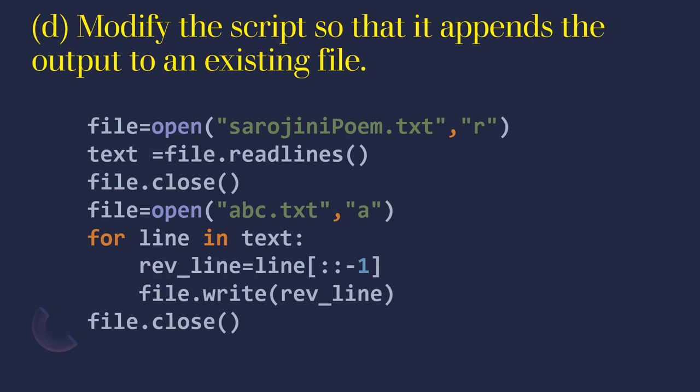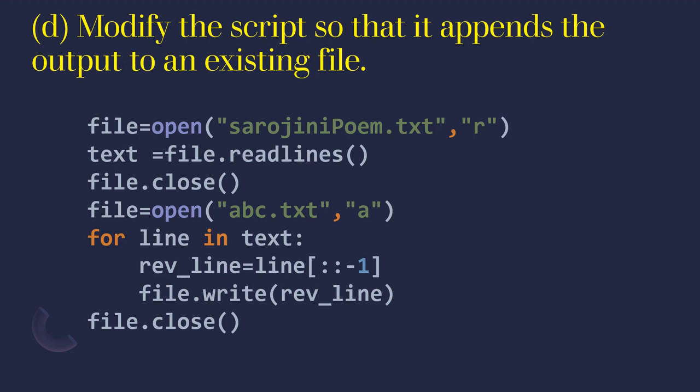Now again open one more file, let's say abc.txt, which is already present, having some content in it. Now whatever is the content of sarojinipoem.txt, the lines will be reversed, and these reversed lines will be written in this file abc.txt. And for that we have opened this file in append mode so that its existing content will not be overwritten.